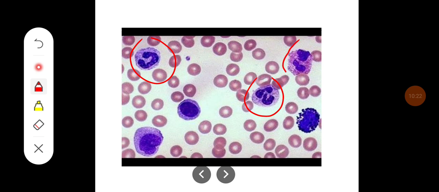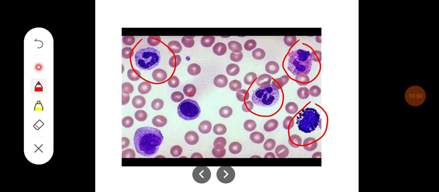So this is eosinophil, which has a bilobed nucleus, and it has coarse granules which stain brick red in color. So this is basophil, slightly smaller than the eosinophil. The granules are very coarse, and the nucleus will not be able to be appreciated properly because of the overlying granules.